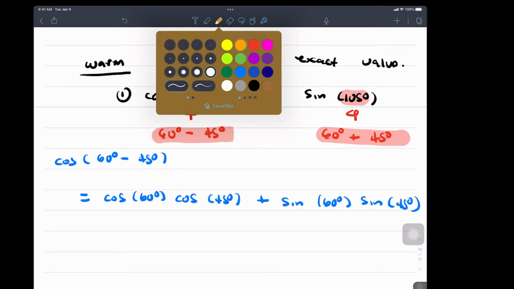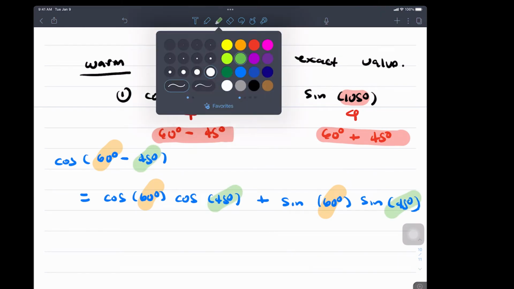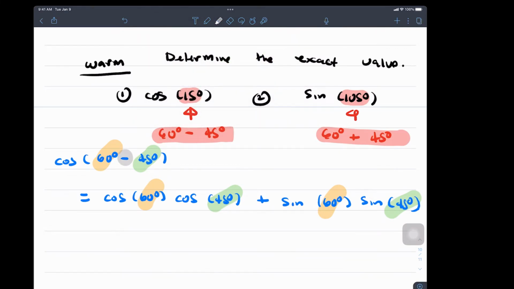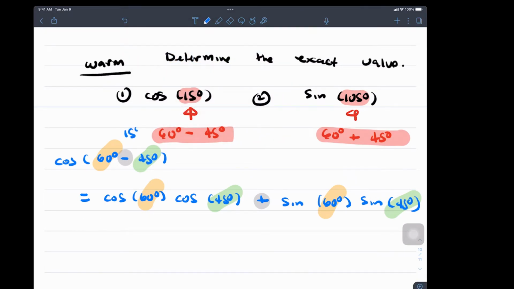So you're using the 60 here and here, and then the 45 here and here, right? That's how you go about this, ladies and gentlemen. So it's cosine of 15 degrees, so up here is going to be the 15 degrees. Okay?